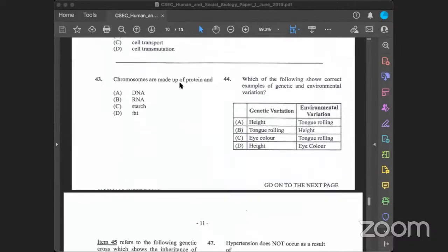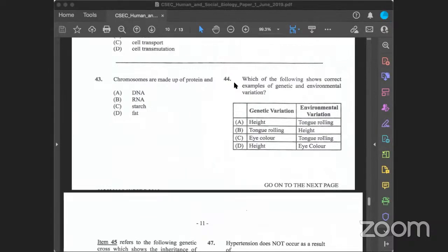Chromosomes are made of protein and DNA. Good, next. Part of 4. Which of the following shows correct examples of genetic and environmental variation?